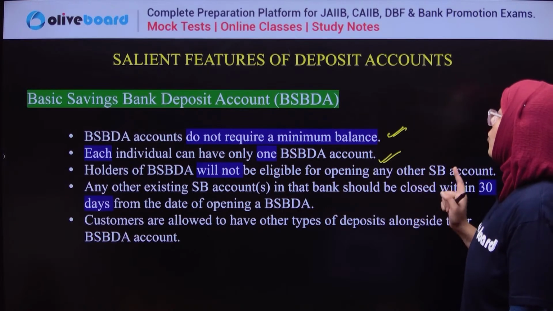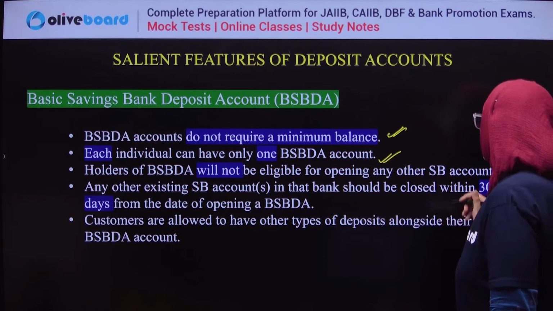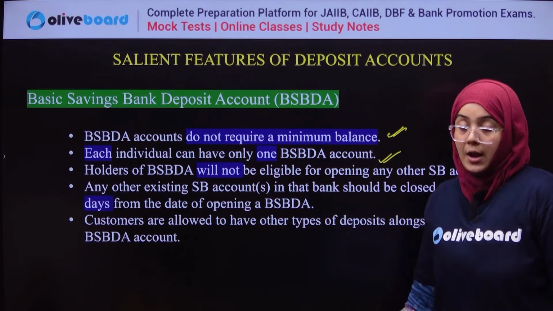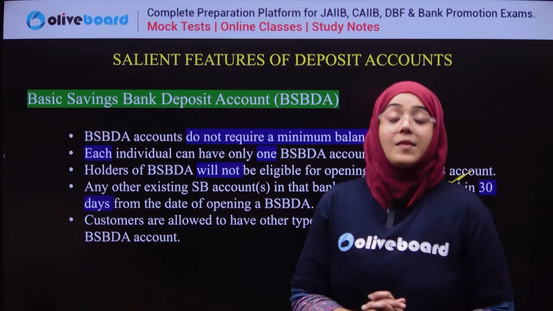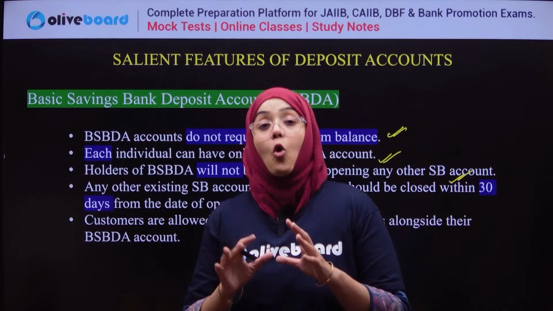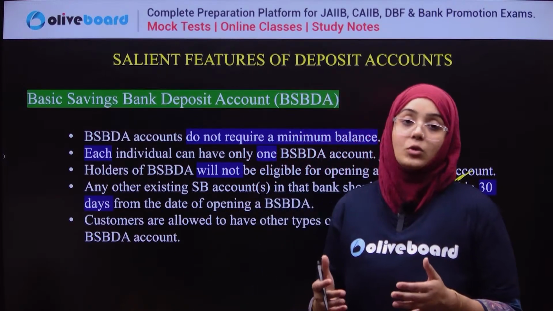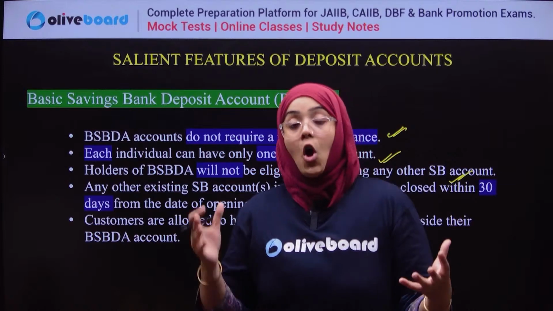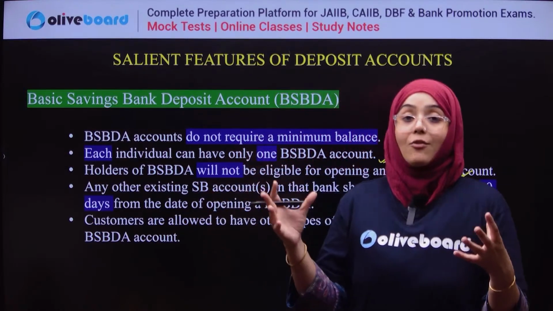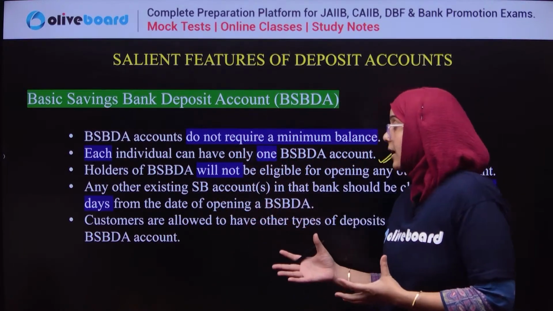The holder of this account will not be eligible for opening another type of saving bank account. If you are holding a basic saving bank deposit account, then you cannot open another saving account in that bank. Either you can avail the facility of a saving account, or of a basic saving bank deposit account.